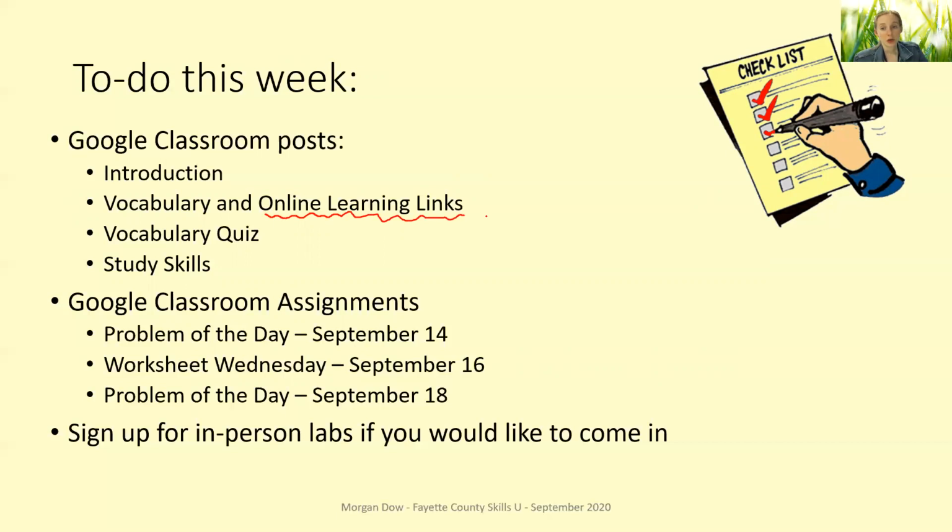I'm going to be including links to other people's videos in the online learning links, where they go into more explanation and more examples about working with positive and negative numbers, and they're really good videos. So if you're feeling at all shaky with your negative numbers, make sure you go in and watch these extra videos because I think they are super helpful.